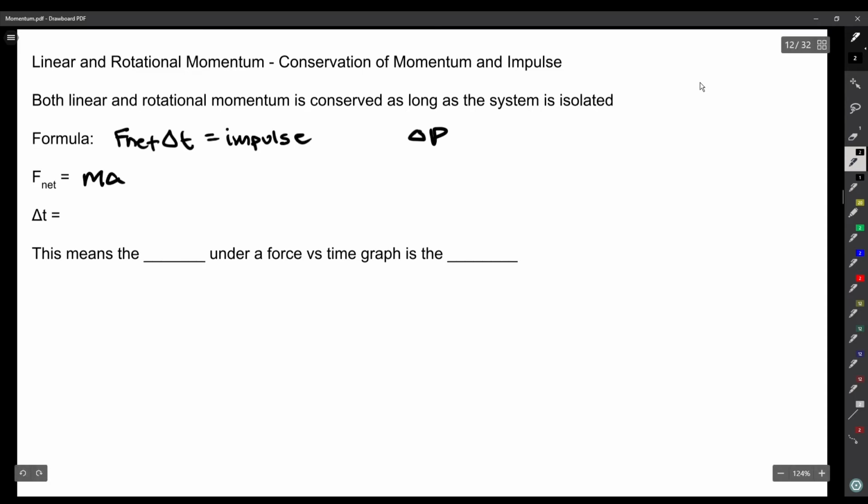So we have ma, and we have change in time. Actually, let me write this here. Net force, and we have change in time. And this is usually in seconds. Net force is usually in newtons. And of course, our impulse could be measured in Newton seconds.